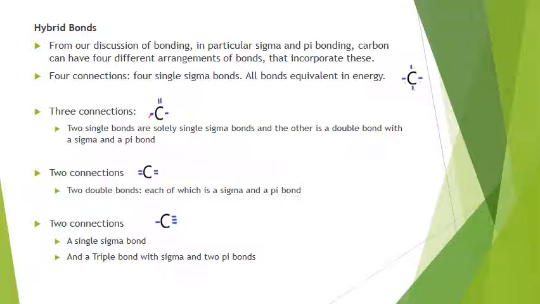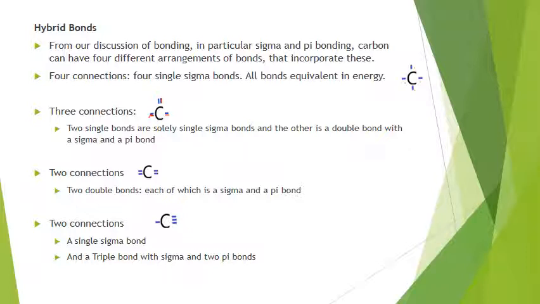In this case, each single bond is sigma, and one of the bonds in the double bond is a sigma and the other one is pi. So that's a carbon with three connections.